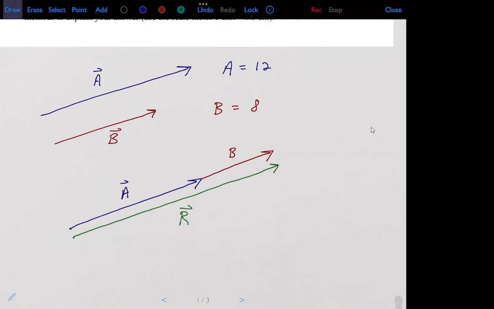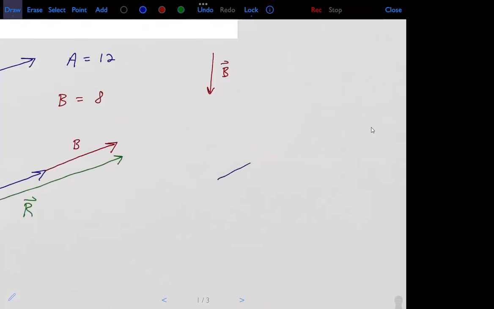So again, that's the only way that you're going to have the largest magnitude for the resultant vector: if A and B point in the same direction. If they didn't point in the same direction, let's say B pointed like this, downward, then if you did A plus B, so I'm moving the tail of B to the tip of A, and then I draw my resultant from the tail of A to the tip of B, I'm going to get a magnitude, the length of R, which is smaller.